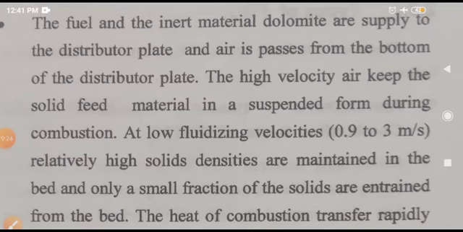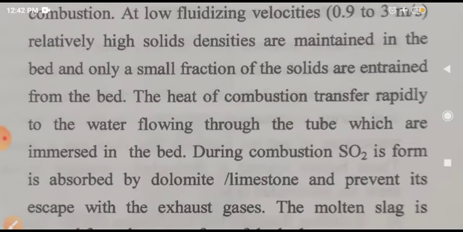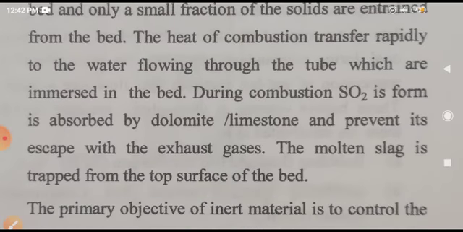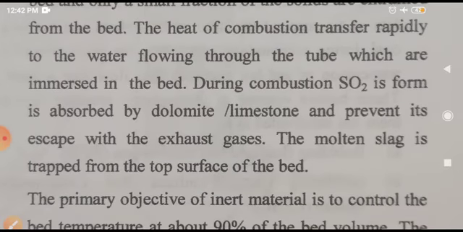The high velocity air keeps the solid feed material in a suspended form during combustion at a low fluidized velocity of 0.9 to 3 meters per second. Relatively high solid densities are maintained in the bed and only a small fraction of solids are entrained from the bed. The heat of combustion transfers rapidly to the water flowing through the tubes which are immersed in the bed.